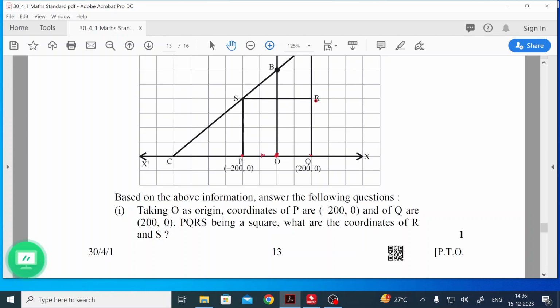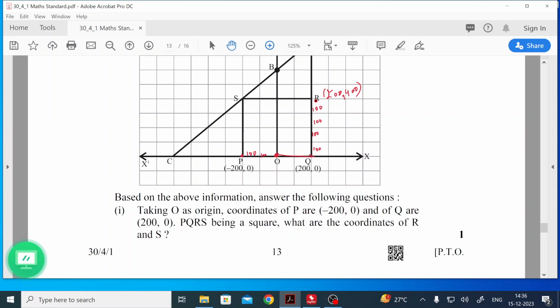It means each box they consider 100. So that only it's 200. Each unit has 100 units like that. So this will be 100, this will be 100, this will be 100. That is the required y. How many 100 we have? 400. After how many boxes is it there? 2 boxes, so 200.